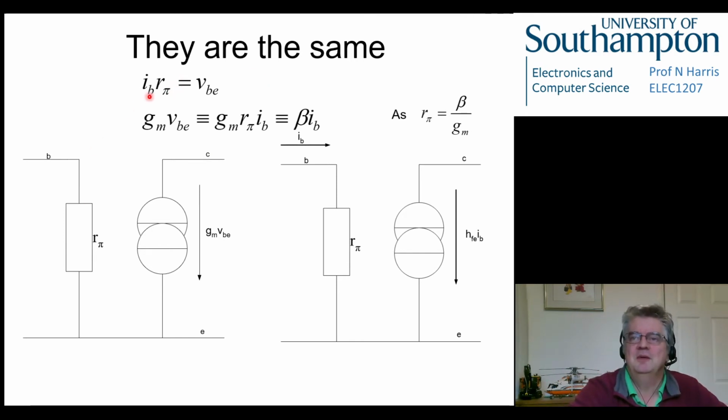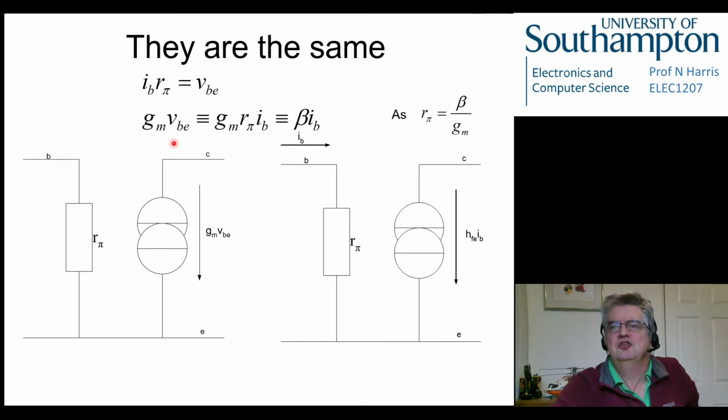We say that IB times R pi is equal to VBE. So IB multiplied by R gives us VBE, which is just Ohm's law for the input side. Then we can say that GM VBE, which is the output of our hybrid pi model, must be GM R pi IB, because VBE is equal to IB R pi.